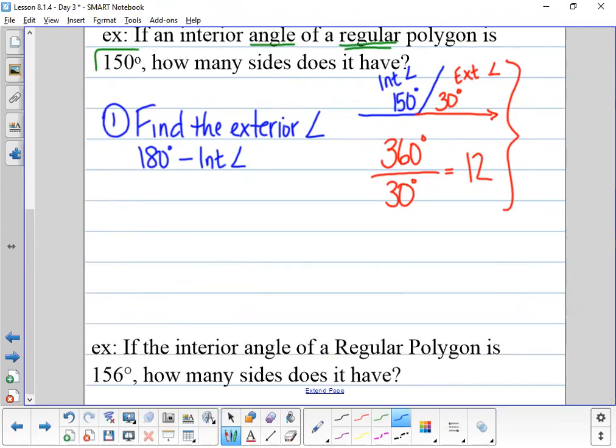They're supplementary. Once you have your exterior angle, you're just going to do 360 degrees divided by the exterior angle, and that will give you the number of sides, n. Much less work, far fewer places for you to make mistakes in. So much easier to do it this way. And again, this is only when your polygon is regular.